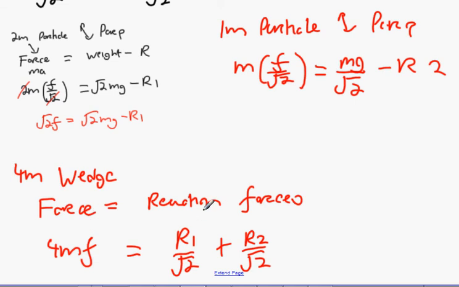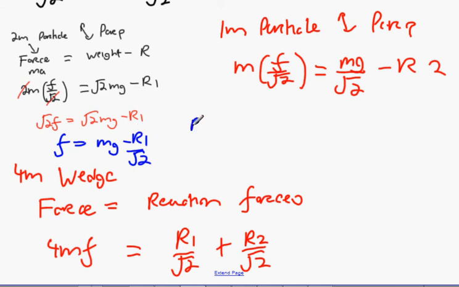Whole point of this is to get F. To get F, we need to get rid of R1 and R2. Now, a cheap way of getting rid of R1 and R2 would be to divide both sides by root 2. So what I would end up getting here is F equals mg minus R1 over root 2.